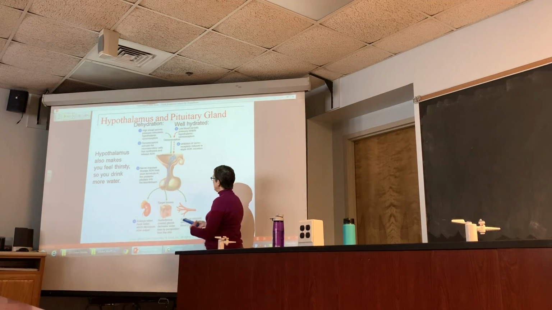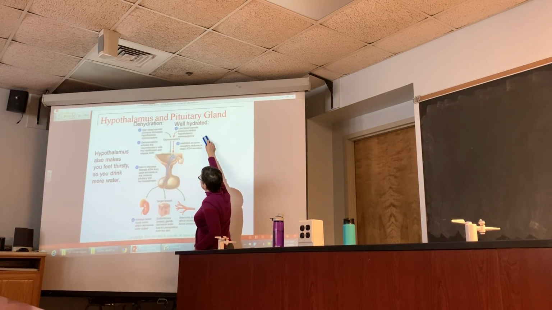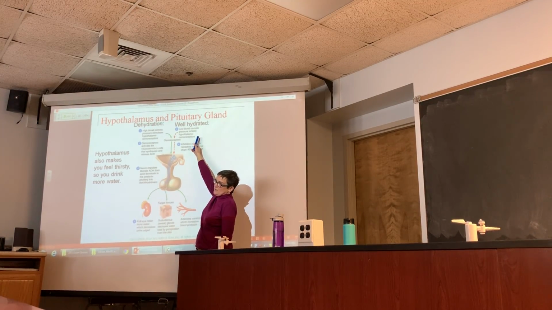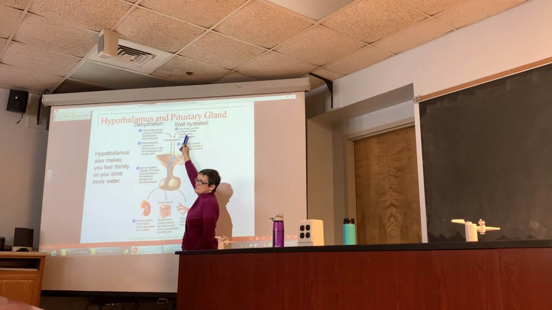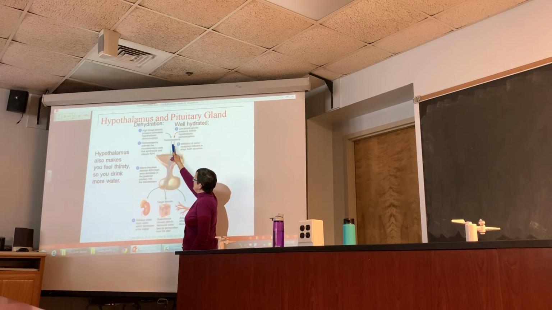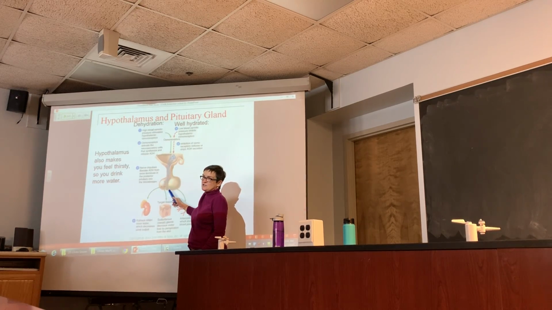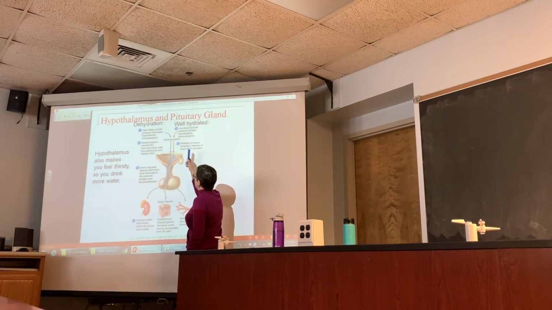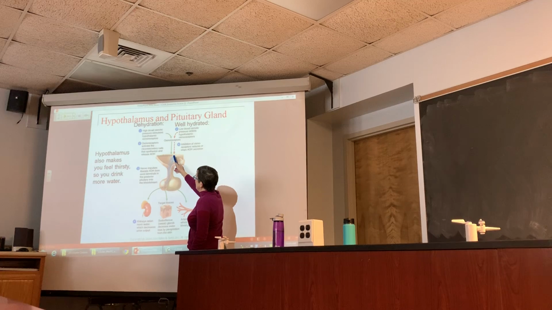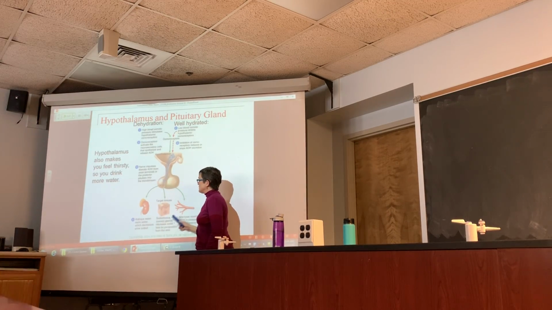Now, once you're hydrated, you have low osmotic pressure, your osmoreceptors detect that, and they inhibit the hypothalamus neurosecretory cells from producing ADH. And that's the negative feedback. So you don't produce ADH, so you're not going to have those effects.